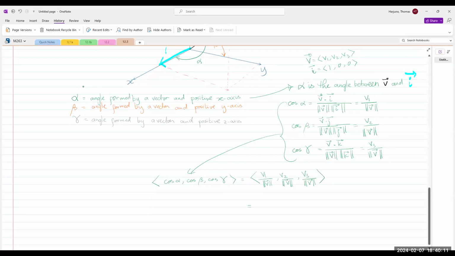I can factor that magnitude out, and on the top we'll get phi 1, phi 2, phi 3, which is basically factor v. But factor v divided by its own length is the unit factor of factor v.